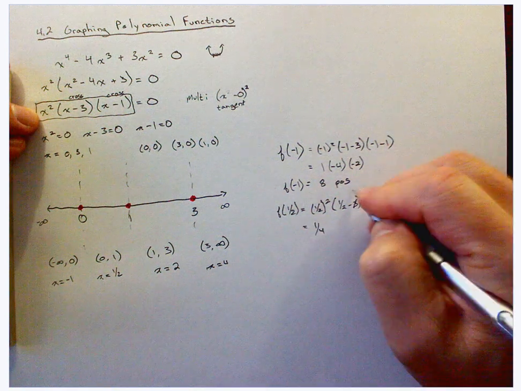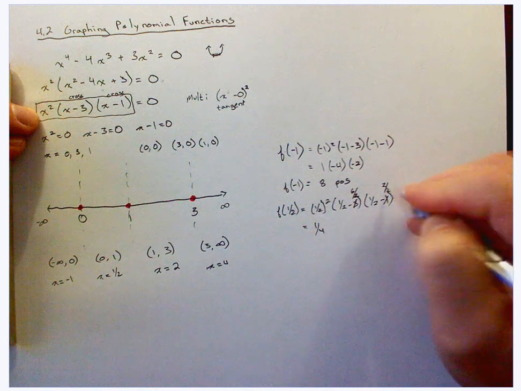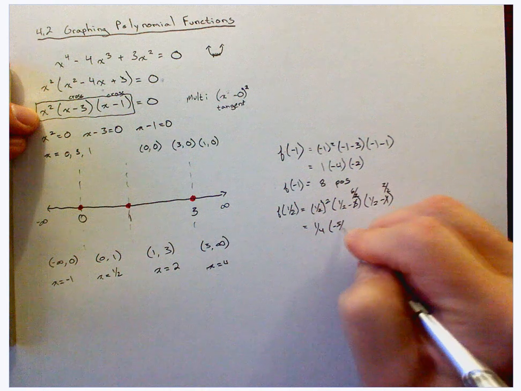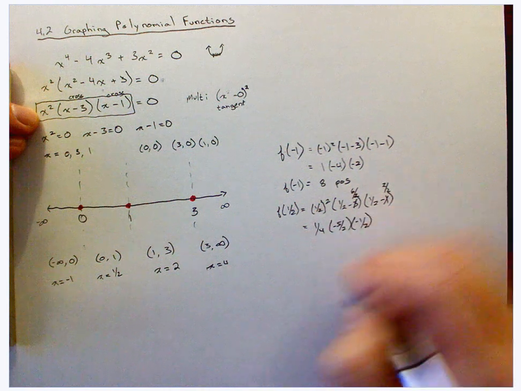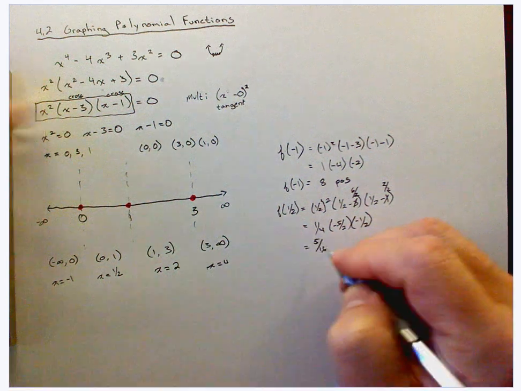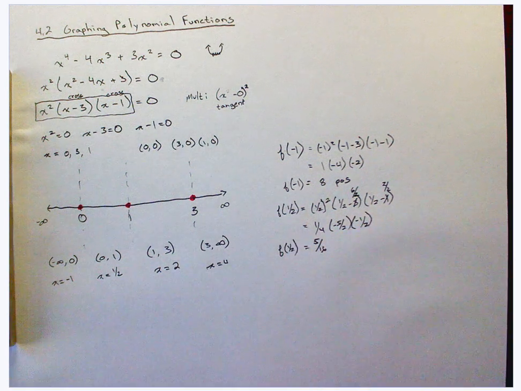I'm going to rewrite 3 as 6 over 2, and I'll rewrite 1 as 2 over 2, so I can add and subtract my fractions. That becomes a negative 5 halves and a negative 1 half. The negative is a positive, so 5/16 is my answer for that one. So f of 1 half is equivalent to 5/16.